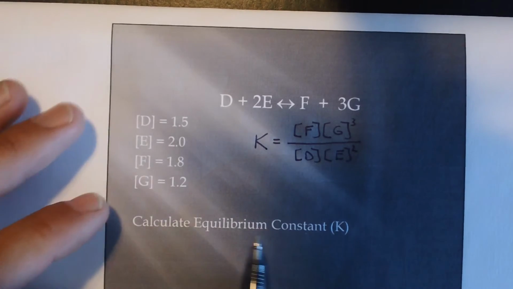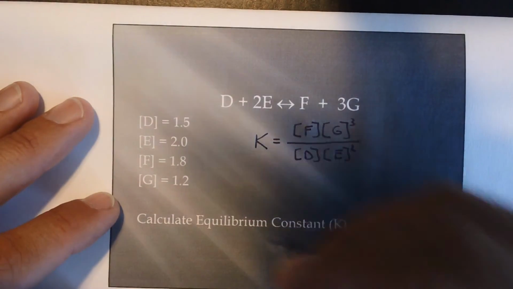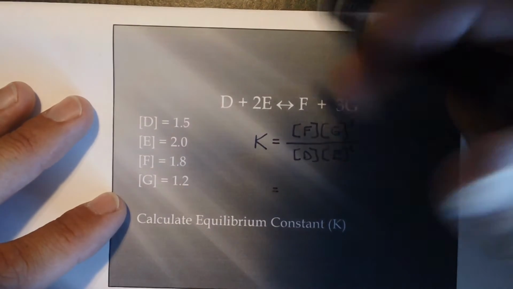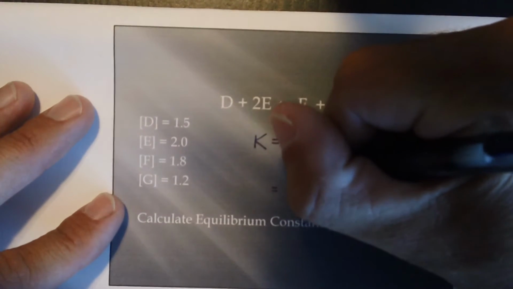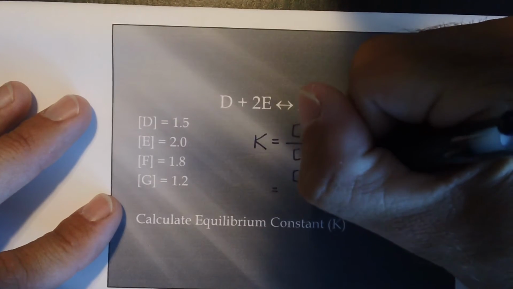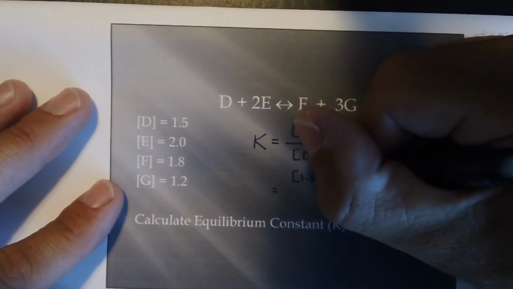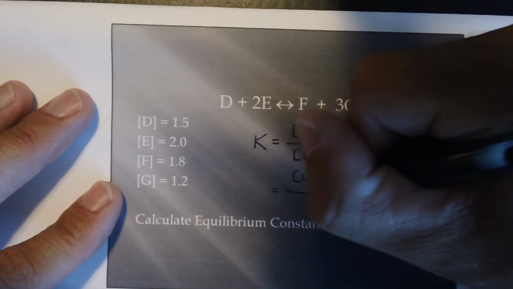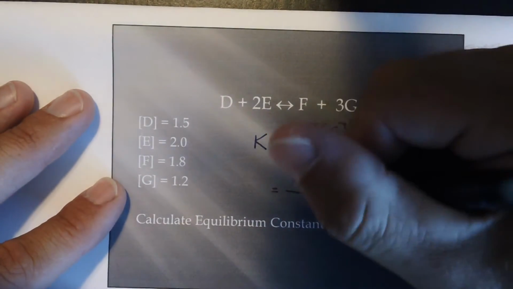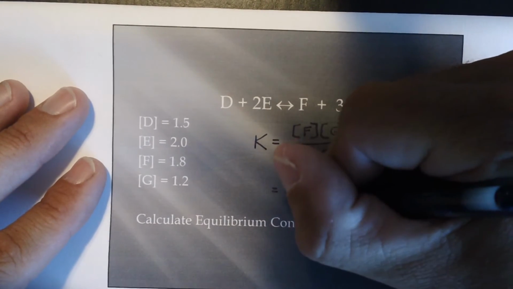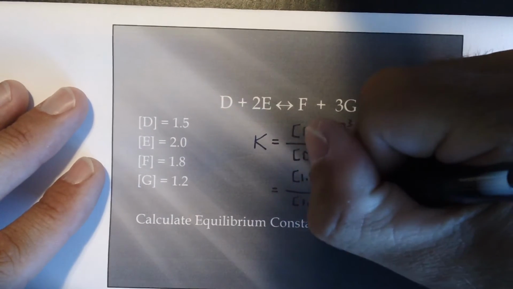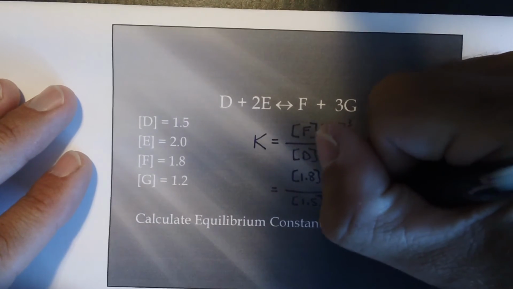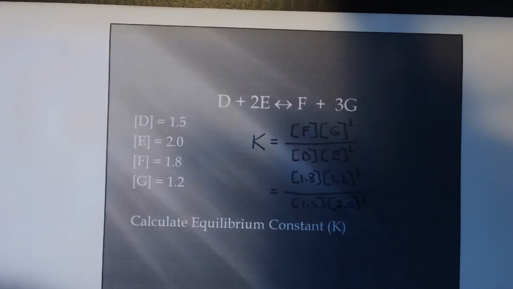Perfect. So our calculated equilibrium constant would be equal to, same thing we've done all year, the generic equation with the numbers in it. F is 1.8 times G is 1.2 cubed, all divided by D is 1.5 times E is 2.0 squared.